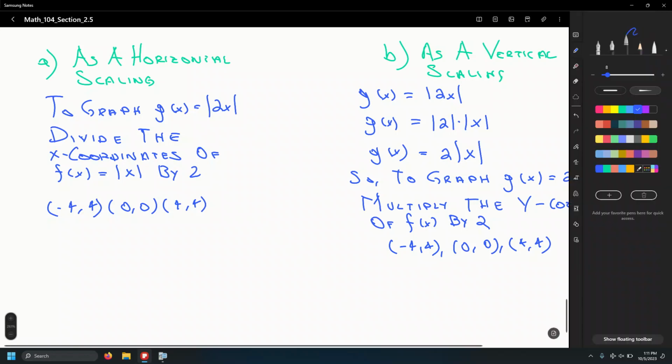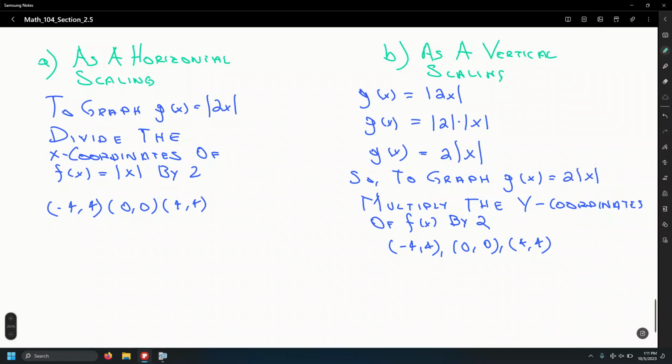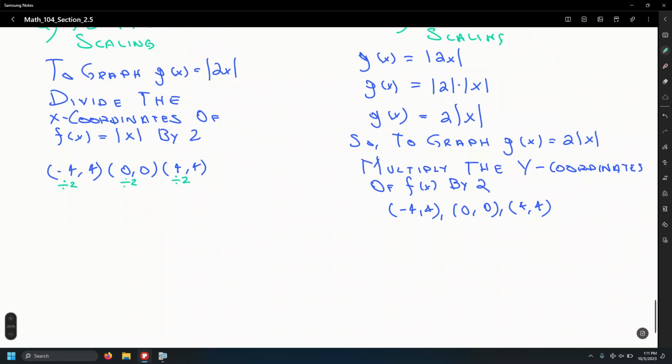All right, so what we're gonna do here? Let's divide by 2, divide by 2, divide by 2. Notice we're dividing only the x coordinates. On the other hand, we are multiplying the y coordinates by 2, times 2, times 2, and times 2. All right? Okay, let's get the new set of ordered pairs. So divide, divide, divide.